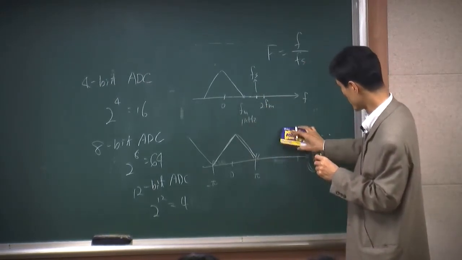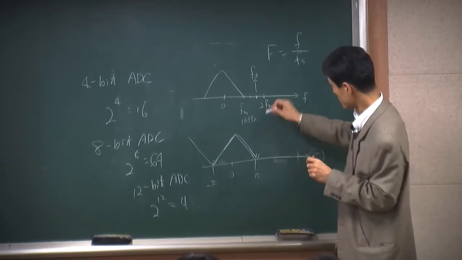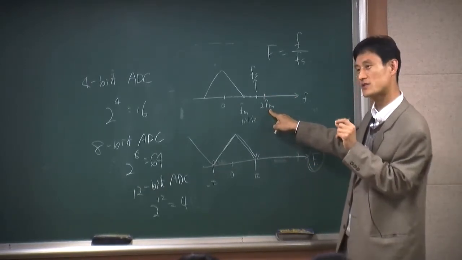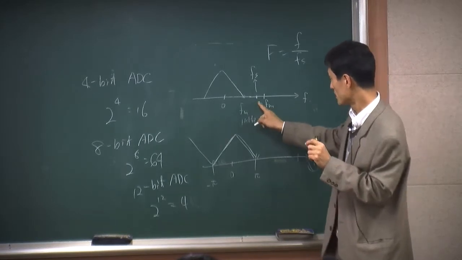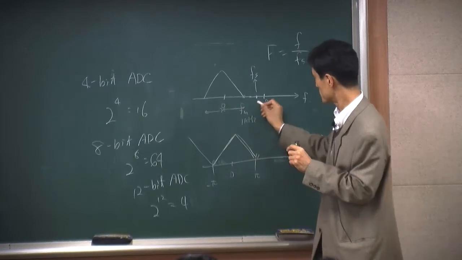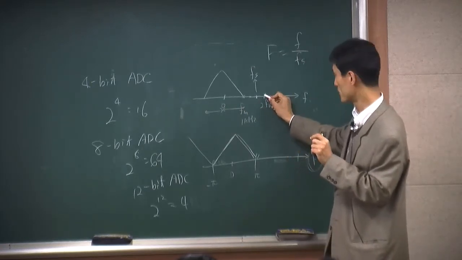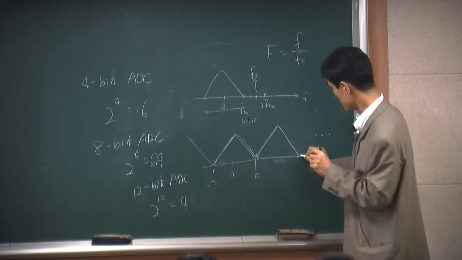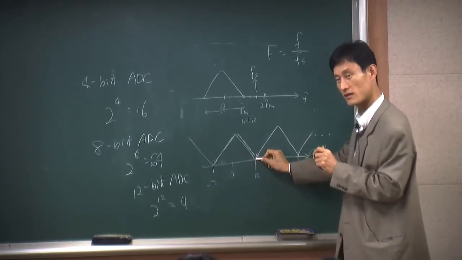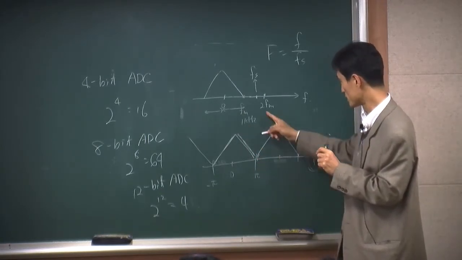So therefore, let's say if you use the 2FM, the exact Nyquist sampling rate, then this one has FM. So if you use this 2FM as a sampling rate, then this one and this one meets like this, right? Because here is the sampling frequency you use, 2FM.